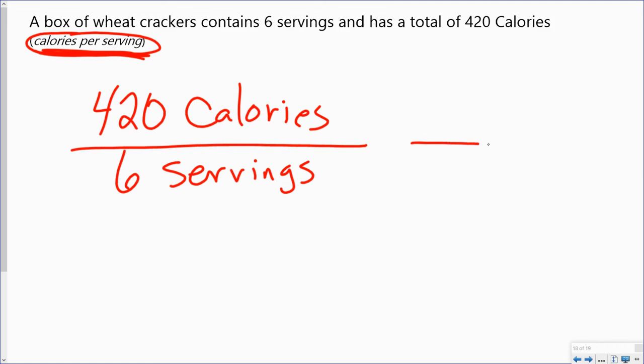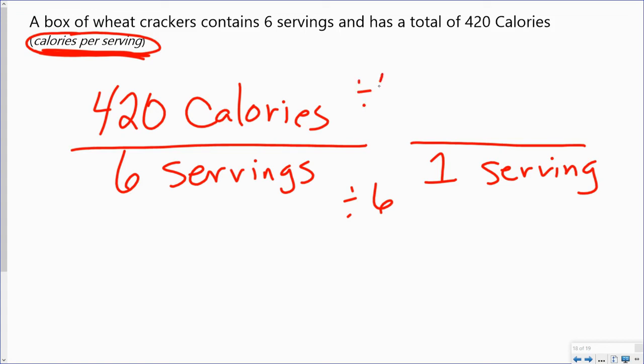To find my unit rate, that is 1 serving, because again, my denominator always has to be 1. Here I'm dividing by 6, here I'm dividing by 6. So 420 divided by 6 would give me 70 calories. So it'd be 70 calories in 1 serving, or 70 calories per serving.